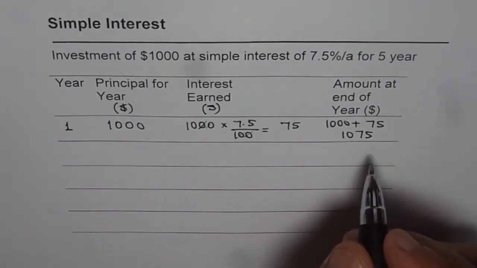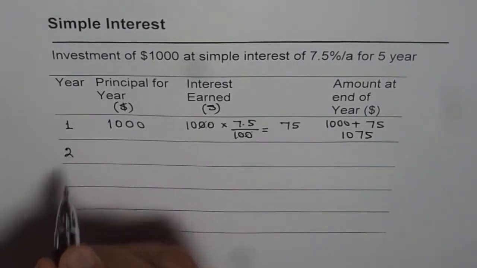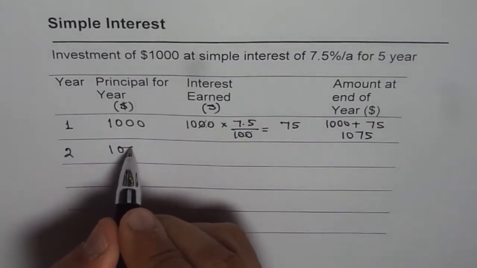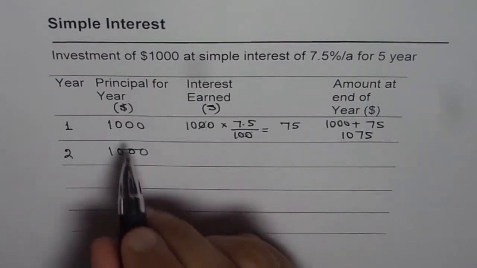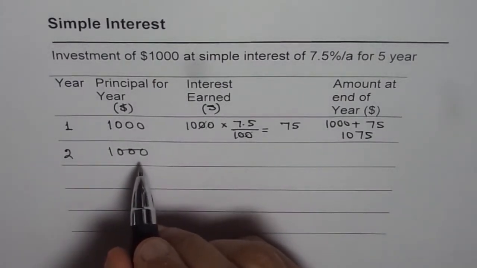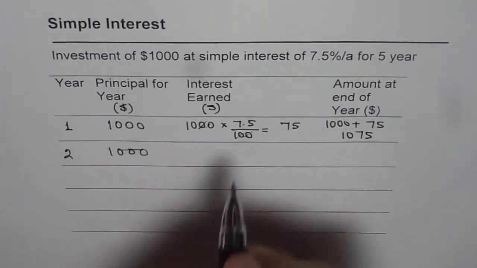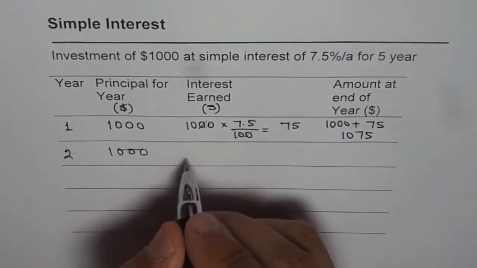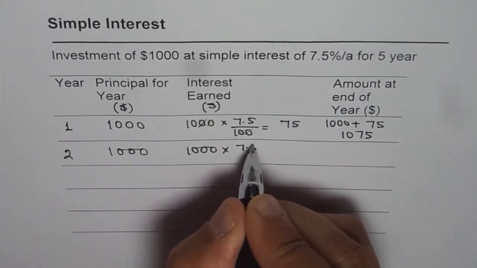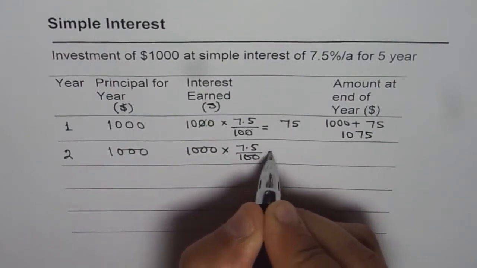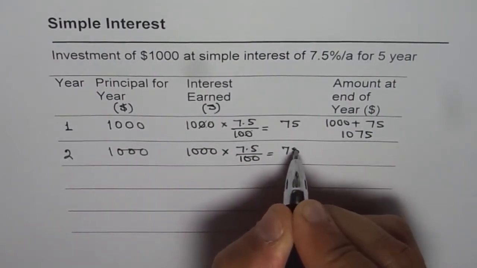Now at the beginning of the second year, we again have our $1,000. Since it is simple interest, interest is only paid on the original investment. So we get again 7.5% on $1,000. So that means 1,000 times 7.5%, right? Which gives us $75 more.